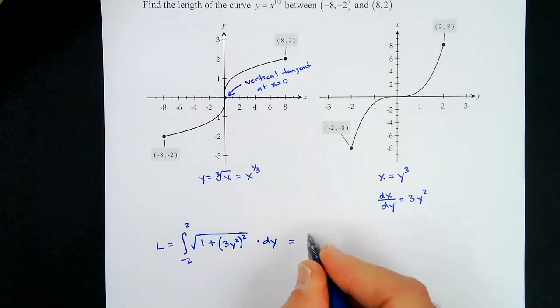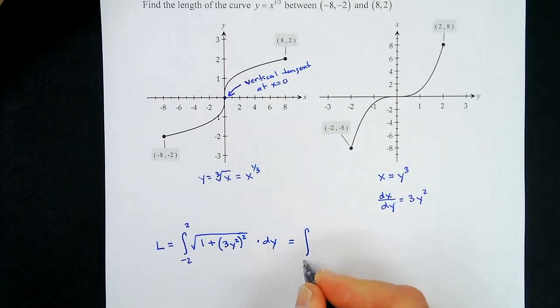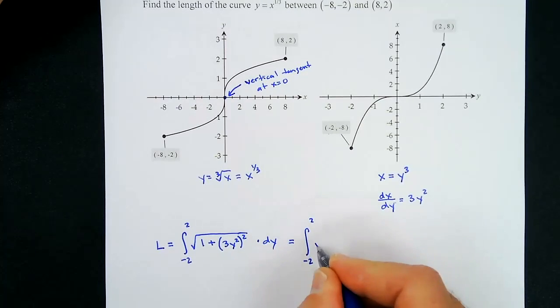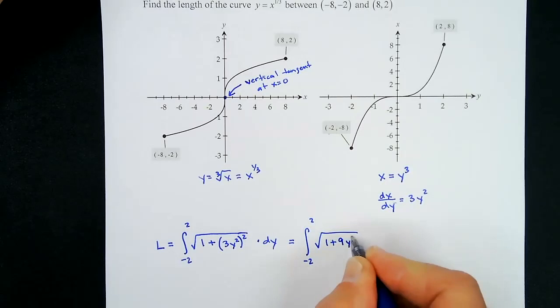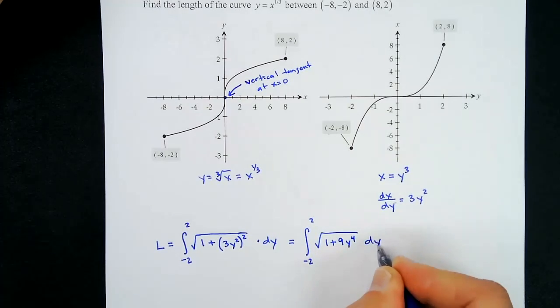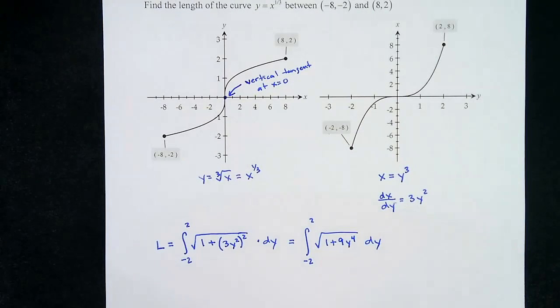Well, clean this up. That would give us the integral from -2 to 2 of the square root of 1 plus 9y to the 4th dy. All right. So with arc lengths, you really want to just put them into your calculator and find the approximate value. Okay. So let's go do that.